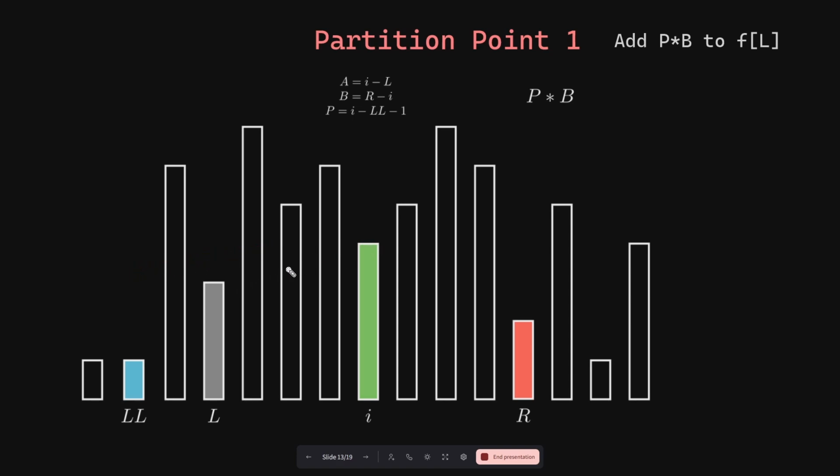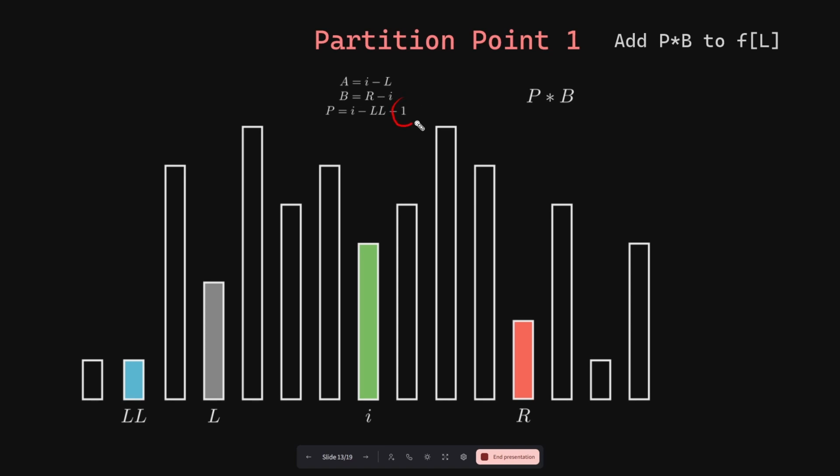So what we are looking for is the second PSE, that is the element that is smaller than this green bar that exists after this element. So without loss of generality, assume that it is this blue bar. So once this element is gone, the choice of the left endpoint is all of these bars. So if you say that the index of the second PSE is LL, then the number of choices to select the left endpoint is I minus LL minus 1.